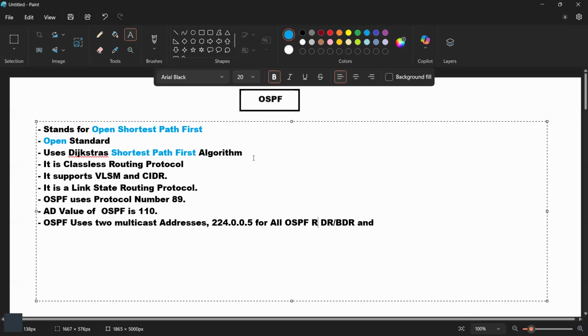For all OSPF routers and 224.0.0.6 for DR and BDR. Okay. Then anything else? Authentication also I think supports HMAC, right? So then authentication is supported. That is it. Okay.